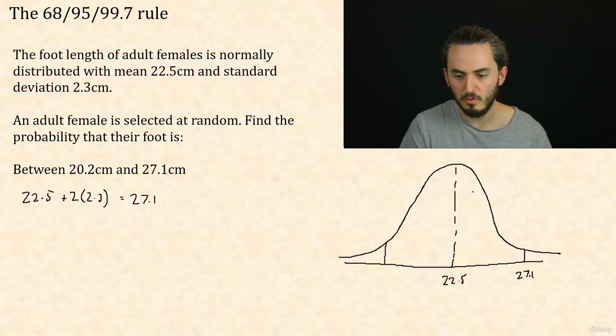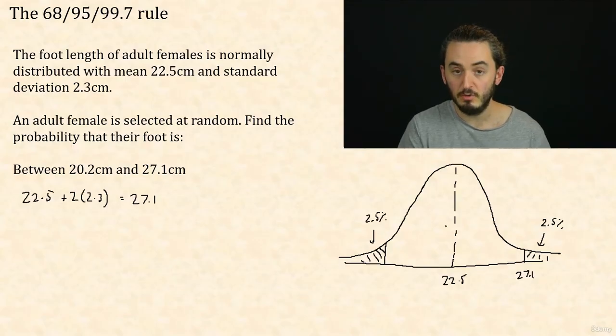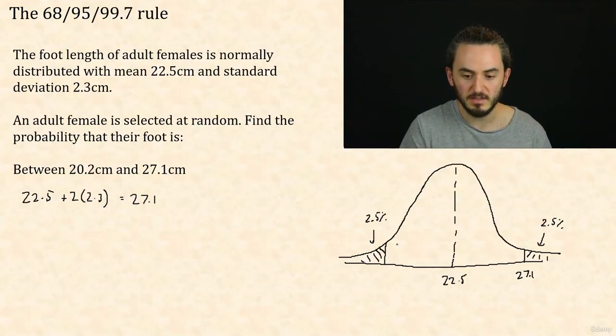Everything between here and here is 95%, which means 5% is left over for this bit and this bit. So this bit is 2.5% and this bit is 2.5%. We want to work out the probability of being between 20.2, which is 1 standard deviation below the mean, and this bit here.